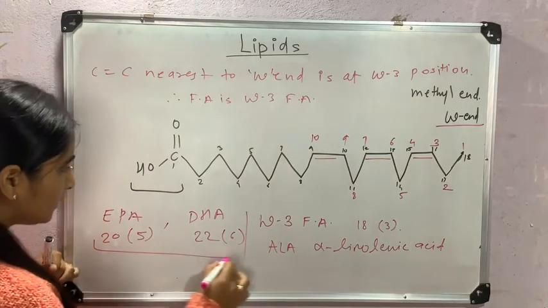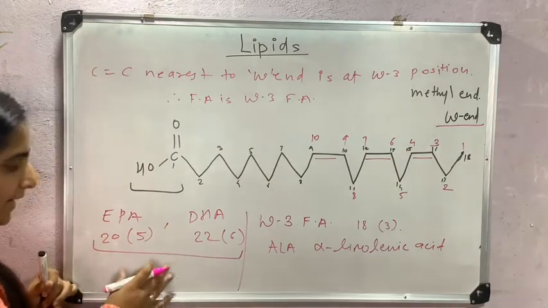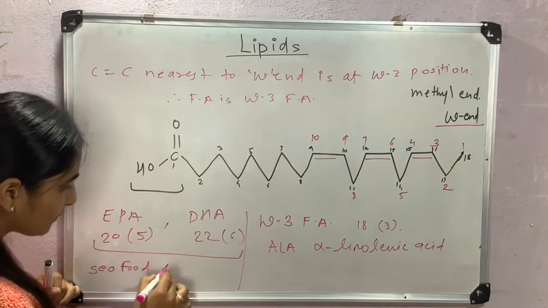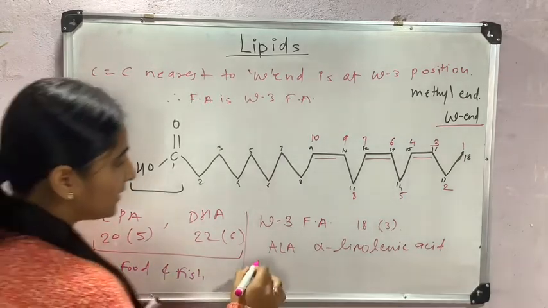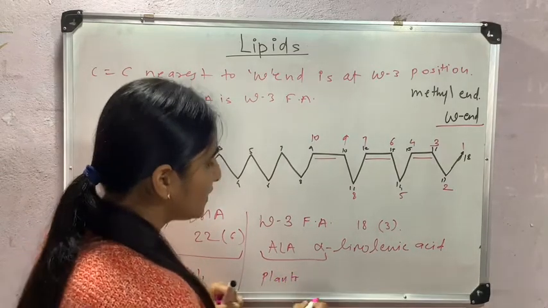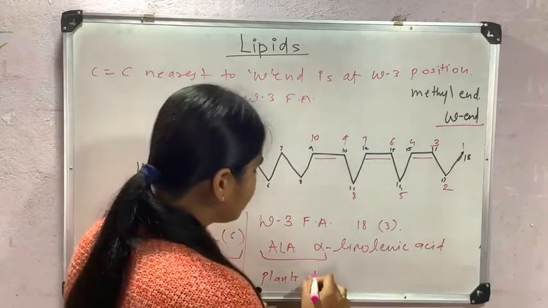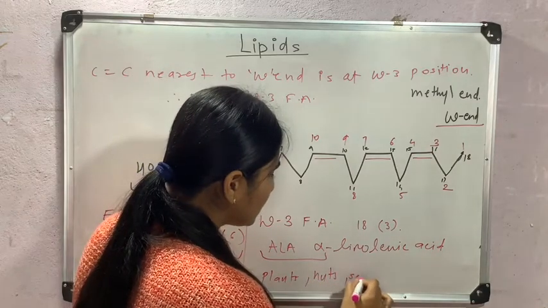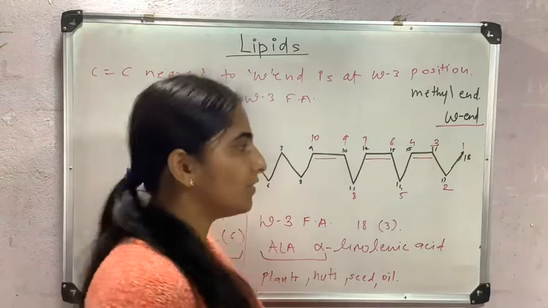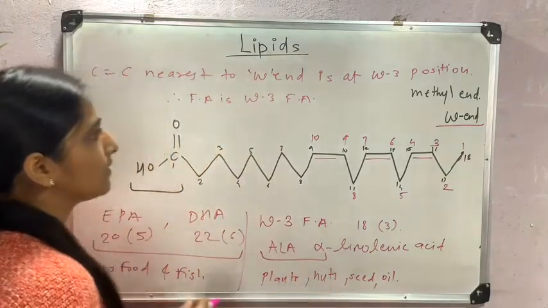These 2 omega-3 fatty acids are mostly found in seafood, mostly fish. And this ALA is found in plants, nuts, seeds and oils, like soybean, safflower, sunflower, etc.